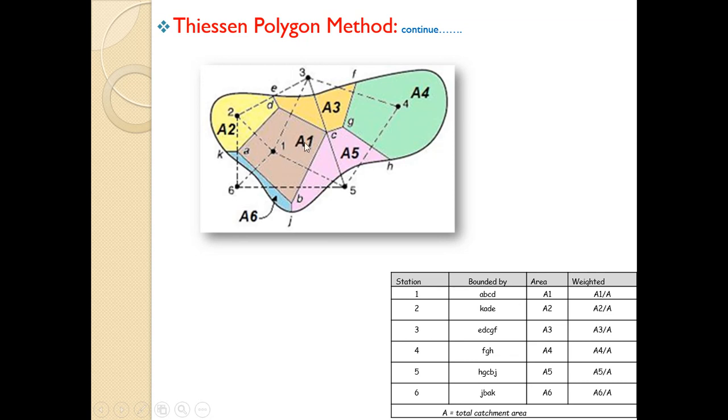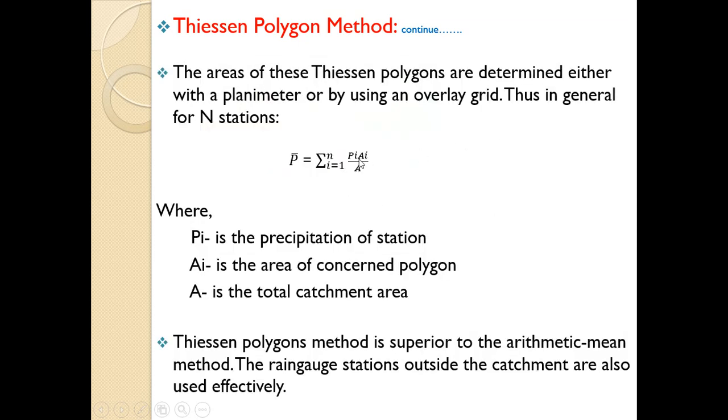So P1A1 plus P2A2 plus P3A3 plus P4A4 and so on, divided by the total catchment area A. That is, the summation of PIAI divided by A. This will give you P bar.